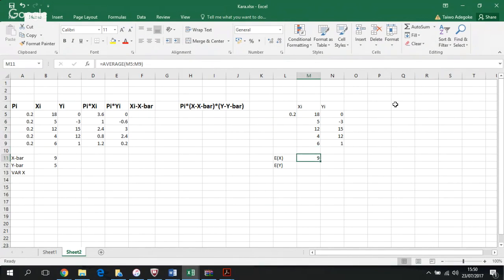Don't worry, I'll show you that we can put this 0.2, multiply this and add it together, and we still get this 9. Let's find that out. Equals 0.2 multiplied by 18.